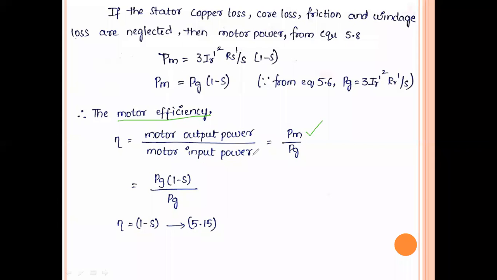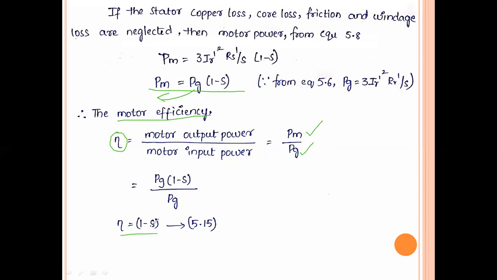And the input power of the motor is the power transferred from the stator to rotor, which is PG. So PM by PG will be the efficiency. That means efficiency eta is equal to 1 minus S, where S is the slip of the machine.